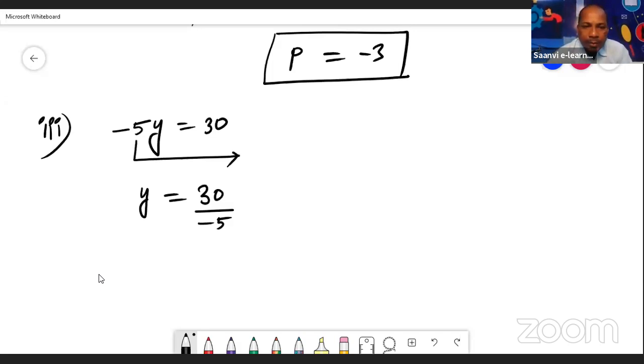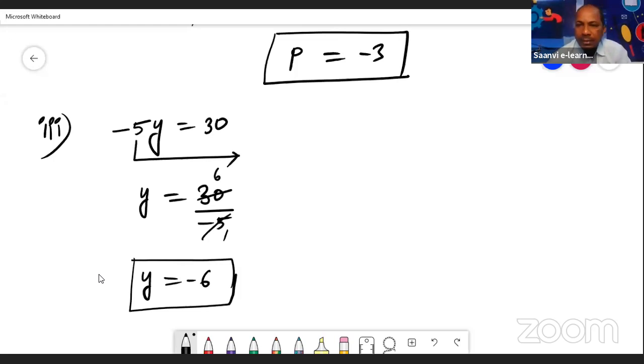When we simplify this, 5 1s are 5, 5 6s are 30. So what is the y value? y is equal to 6, and the minus symbol is also there. It means minus 6. Don't forget the minus symbol. So y is equal to minus 6. Okay. And in the same way you do the fourth question, fifth question, and see the sixth question.